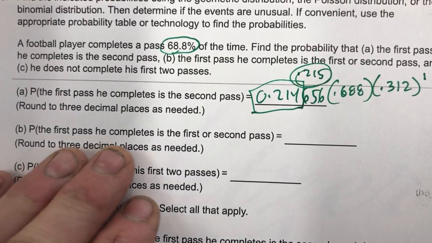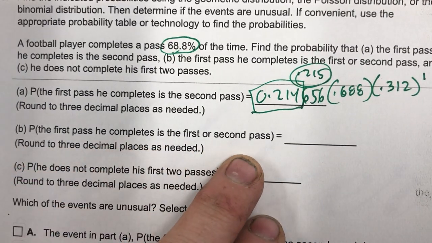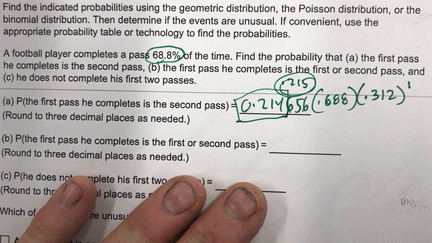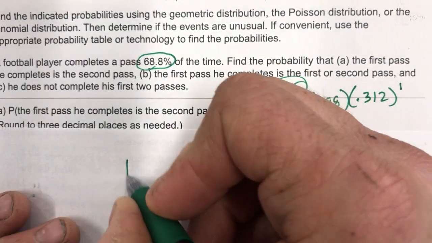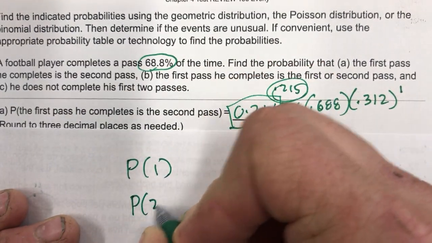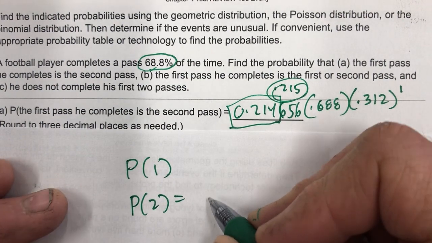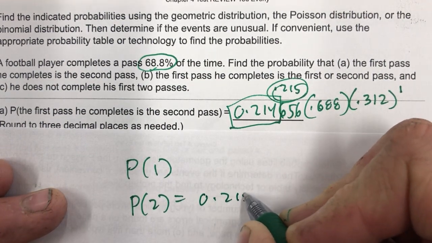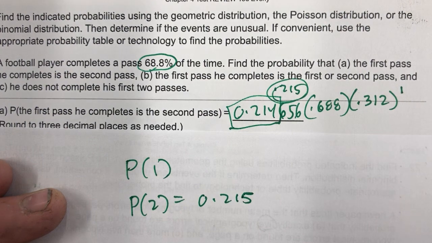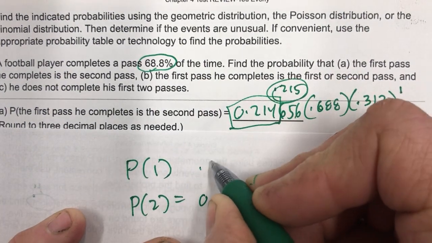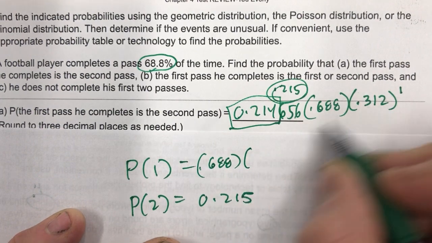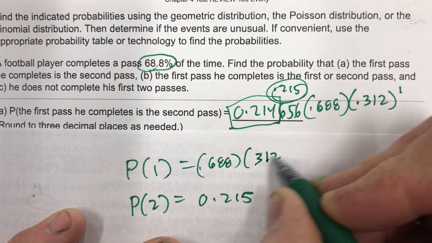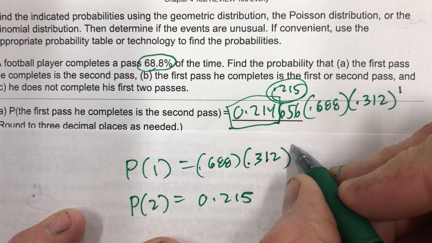Okay, now the first pass he completes is the first or second pass. We just did the second one, which was 0.215. Now the first one is going to be 0.688 times 0.312 to the 0 power, since 1 minus 1 is 0.